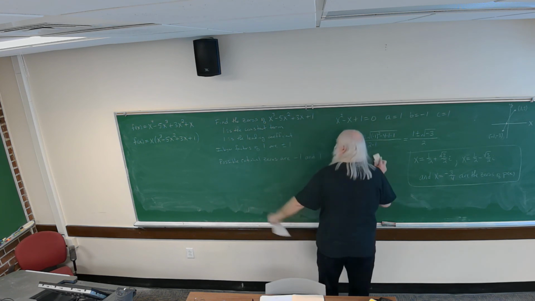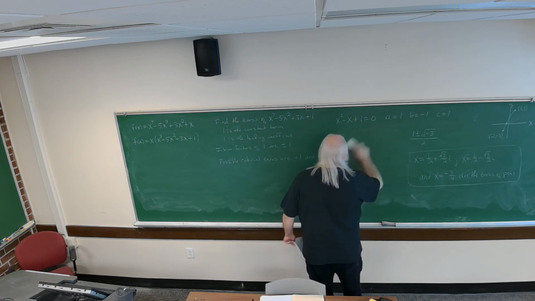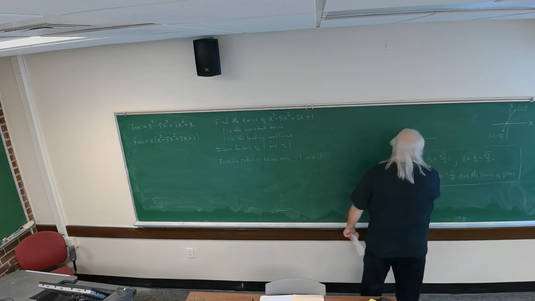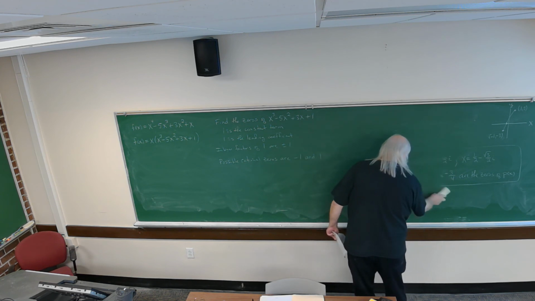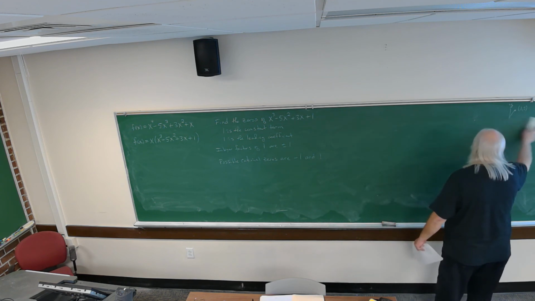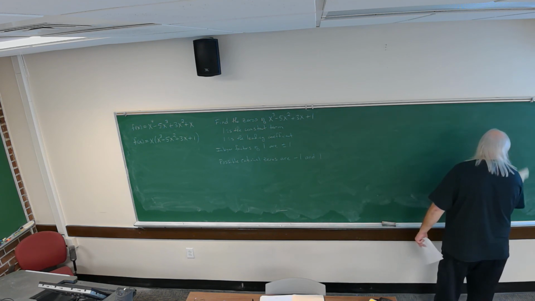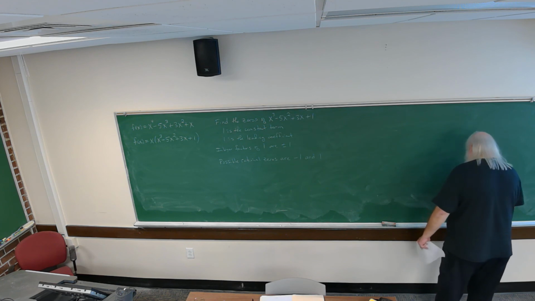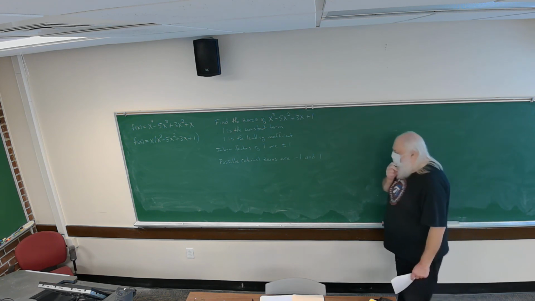And we know that that third degree polynomial has to have at least one rational zero. I guess there could be a repeating rational zero. We know that zeros can have multiplicities.